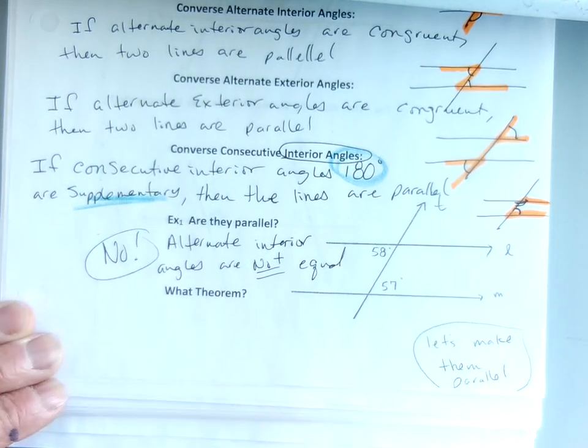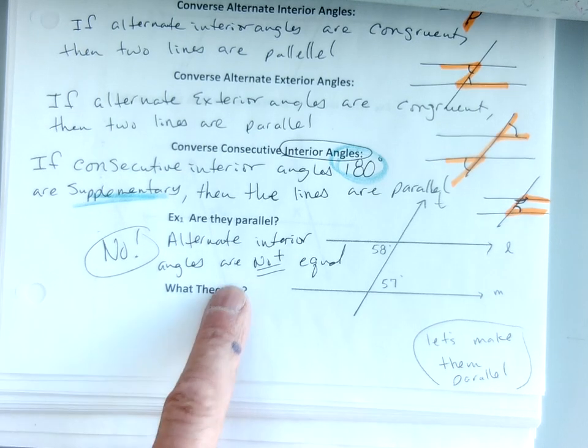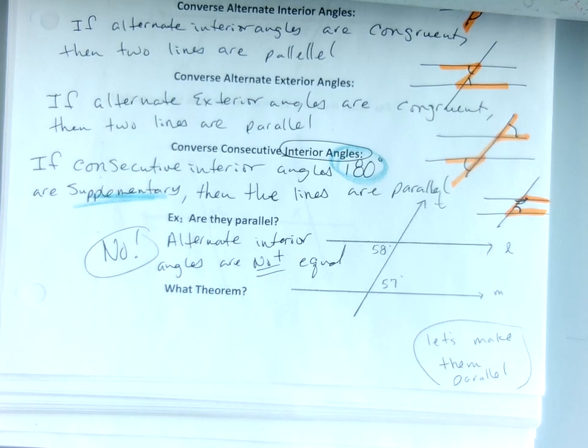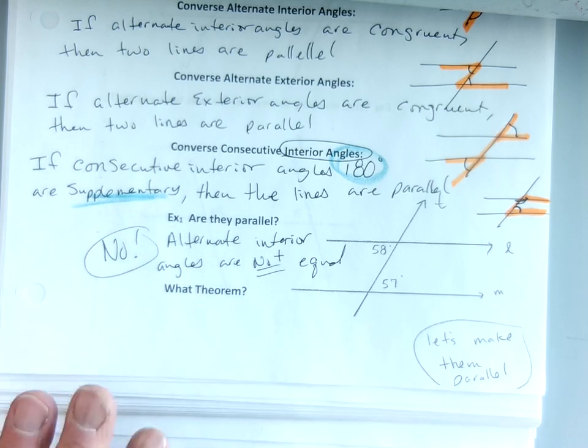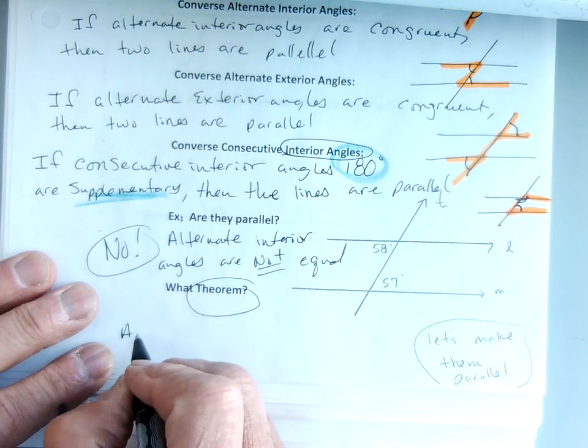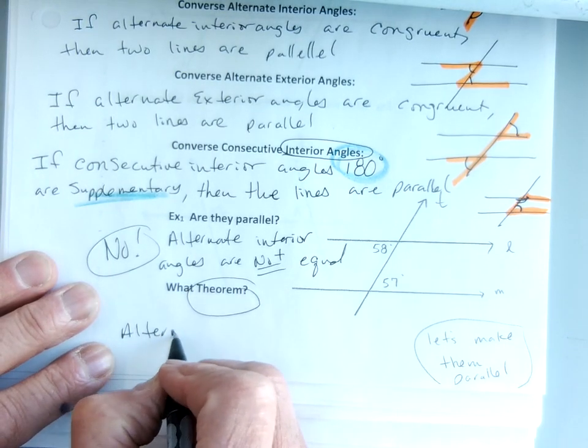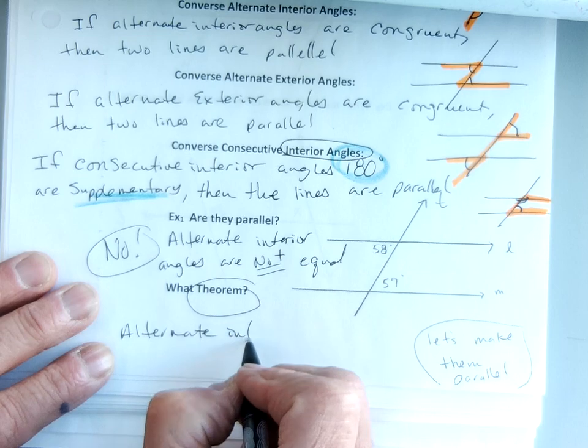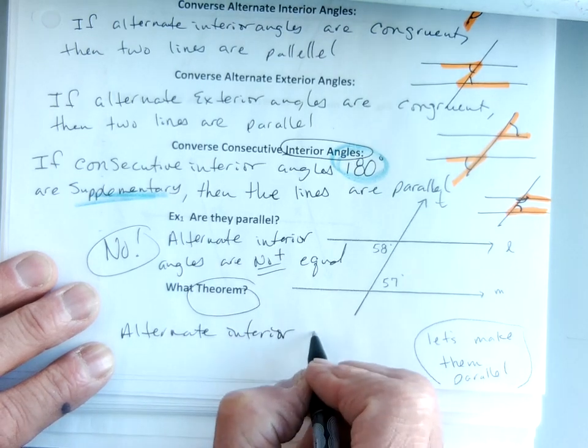So no way. And there's my theorem, right? No, because alternate interior angles are not equal. There's my theorem right there. Alternate interior angles.